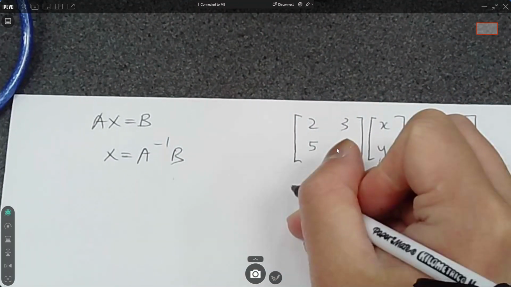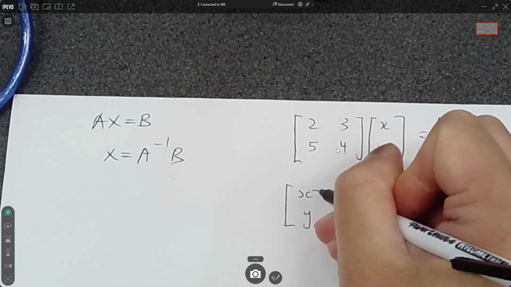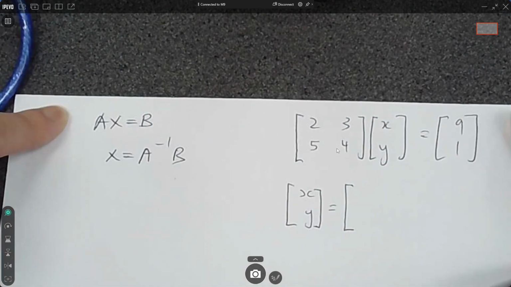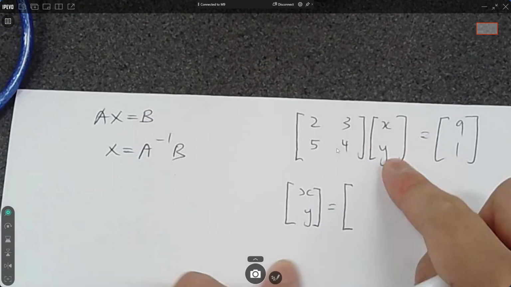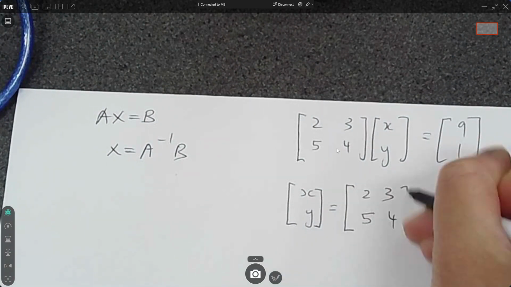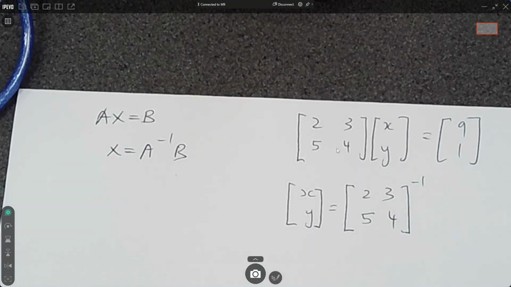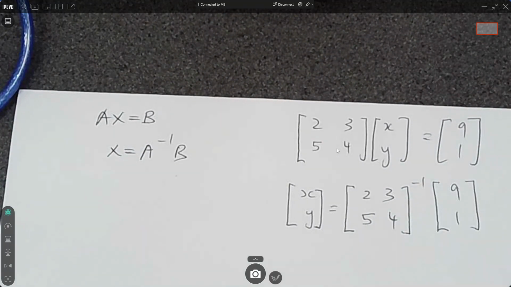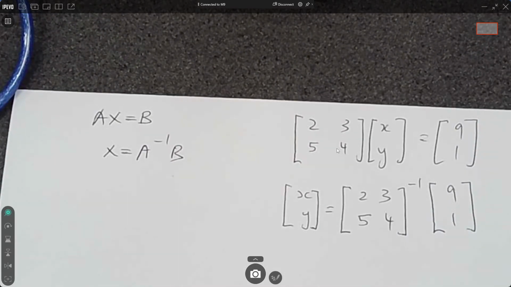So if I rewrite the first equation using this second form, the middle matrix xy is going to be the inverse of the first matrix times the second matrix with 9 and 1. So now I want to invite you to chuck this into your calculator and see what happens.